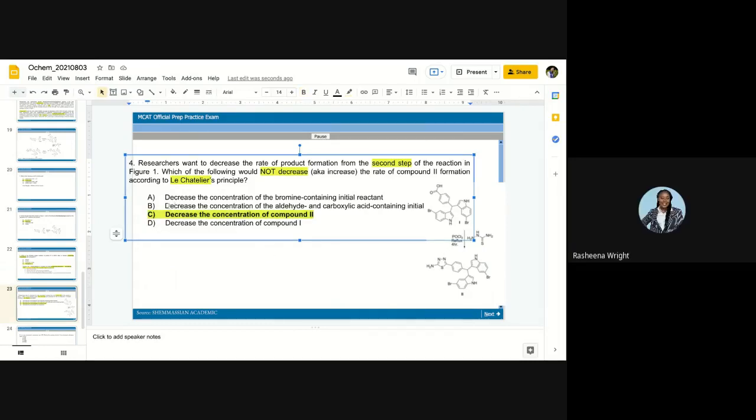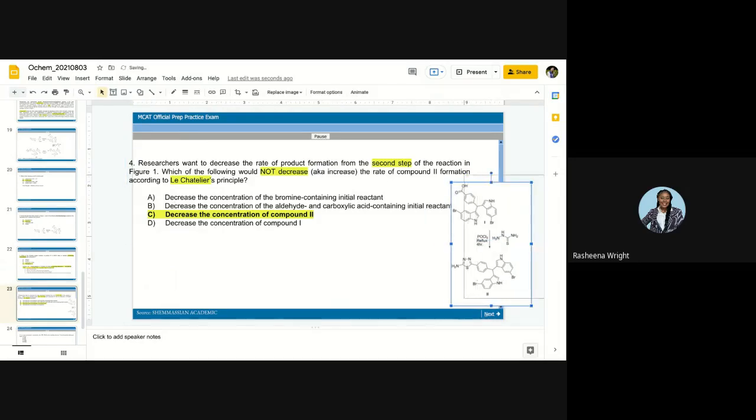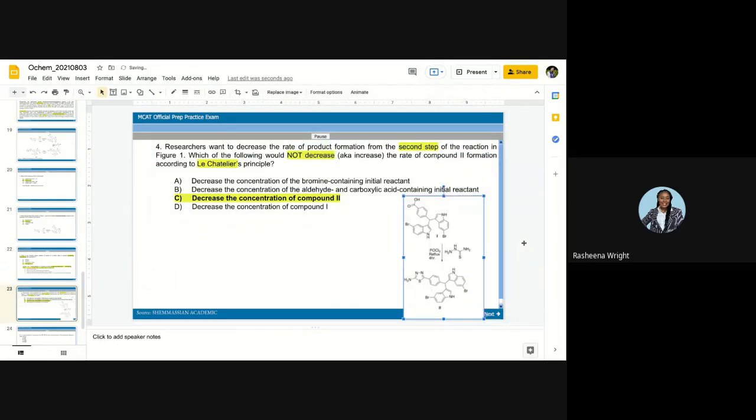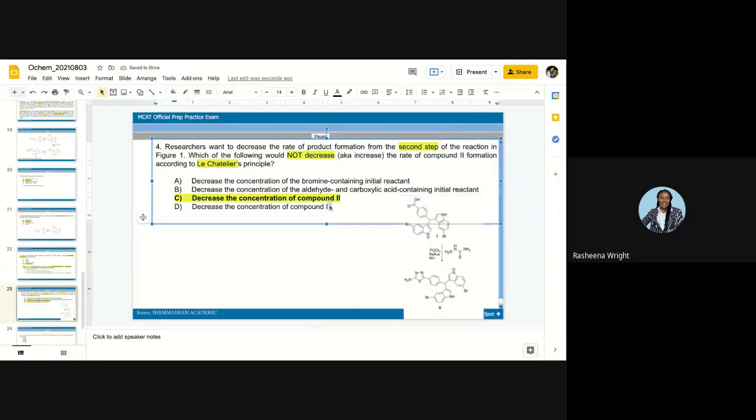I think maybe I misunderstood it, but I figured if you decrease the initial reactants, you would have less product to even move forward with the second step. But I guess I should have just looked at the second step. So the answer is C, decrease the concentration of compound 2, which would increase the rate.